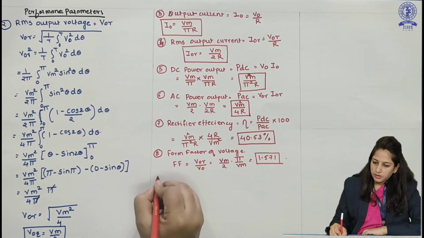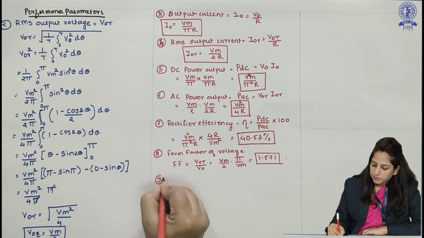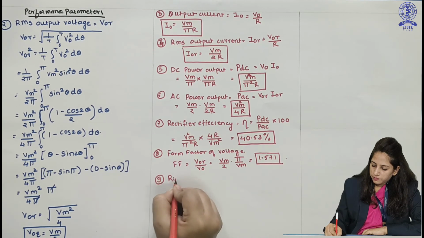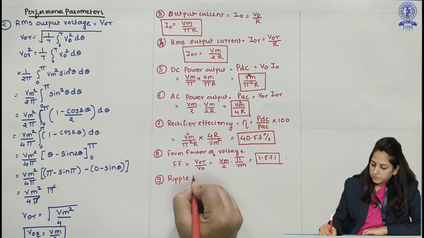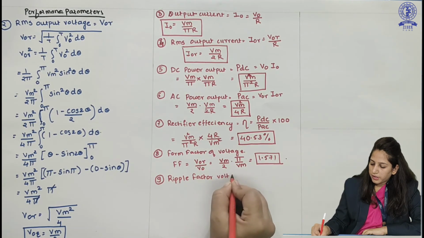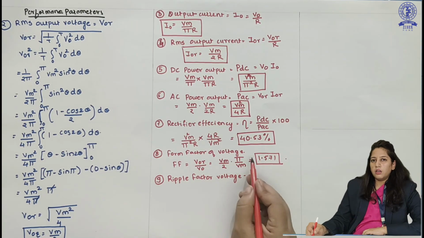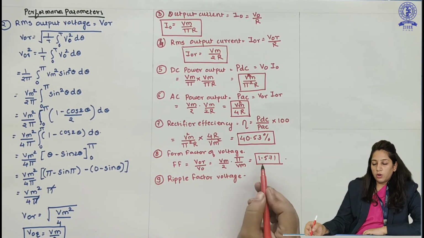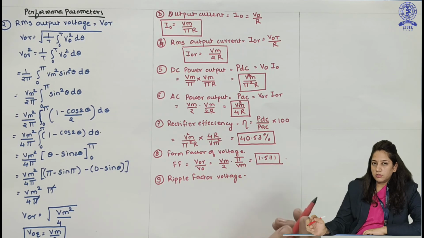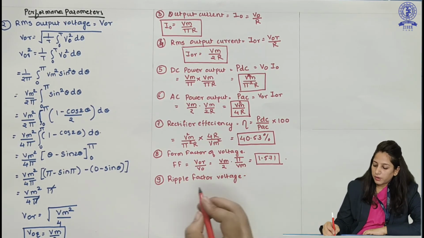Then next will be the ripple factor of voltage. Form factor is a quantity which indicates the output voltage waveform, or how its formation is.